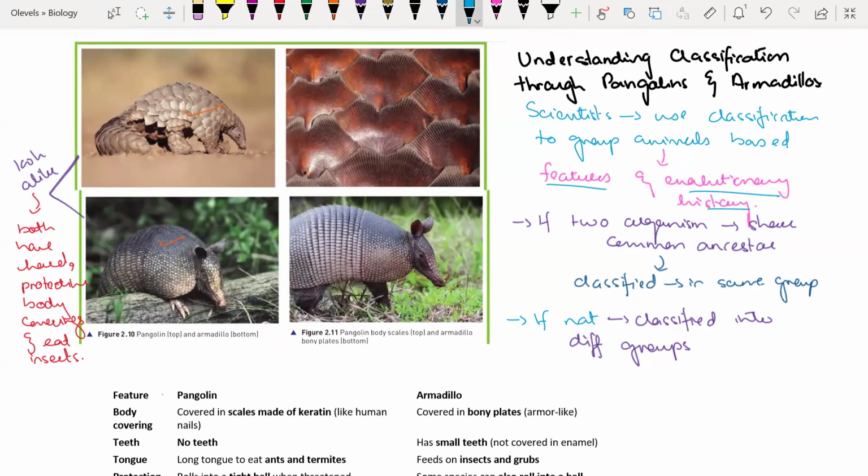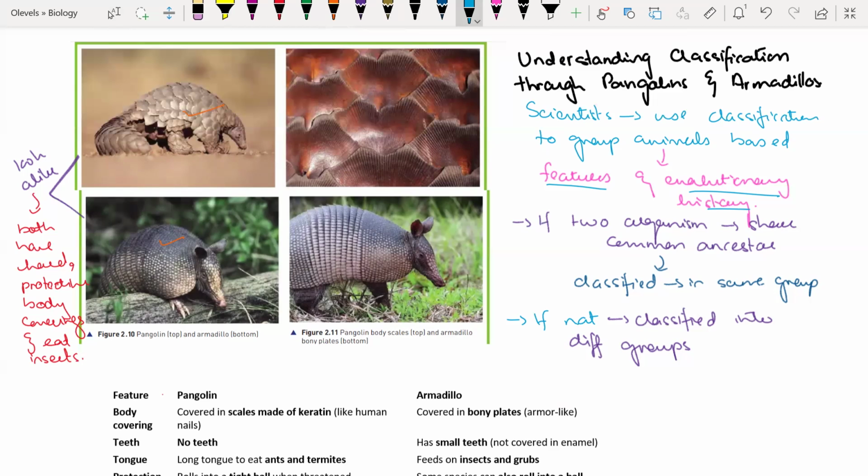That means if two organisms share a common ancestor, they are classified in one group. If they do not have a common ancestor, then they would be classified into two different groups. Although these two organisms look the same and have quite similar bodies, they do not share a common ancestor. That is why they are not grouped into a similar class, right?